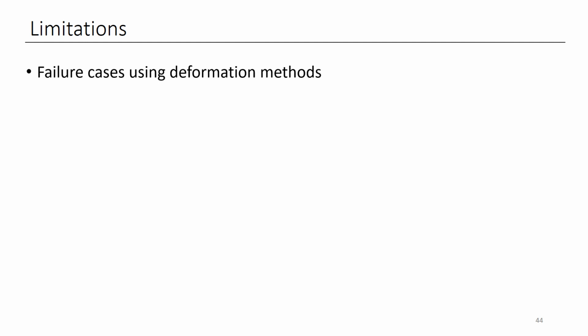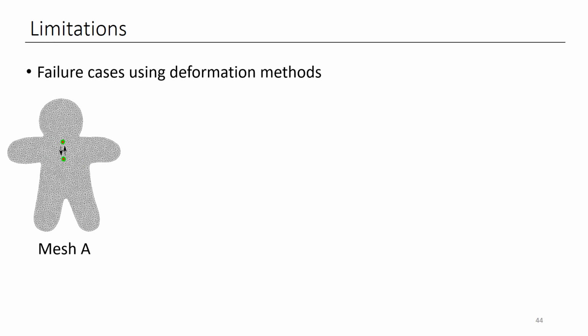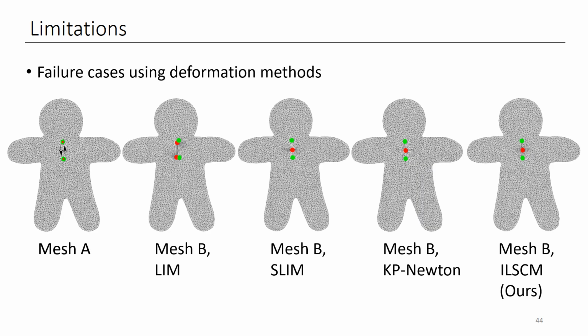This is an inherent limitation of our approach and current deformation methods. Here, with this landmark configuration, moving the landmarks to their final positions makes it hard to converge without any flipped faces. LIM, SLIM, KP Newton, and ILSCM are unable to meet the landmark constraints and avoid having flipped triangles at the same time.